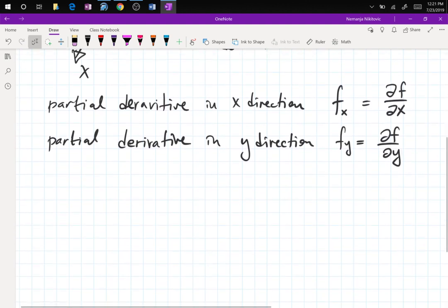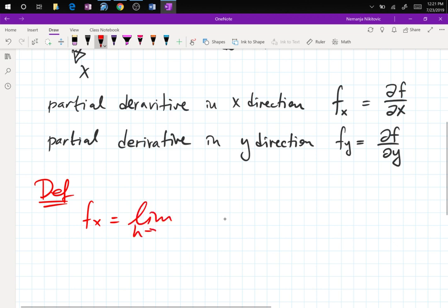Now the formal definition, which is something that our honors students need to be able to show, is exactly the same as Calculus 1. The partial derivative fx is given as the limit as h goes to 0, and since we are measuring the change in x, we have x plus h, and the y's are just going to be tagged along.